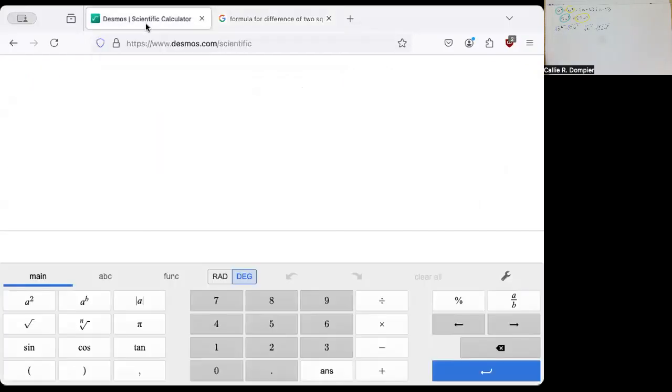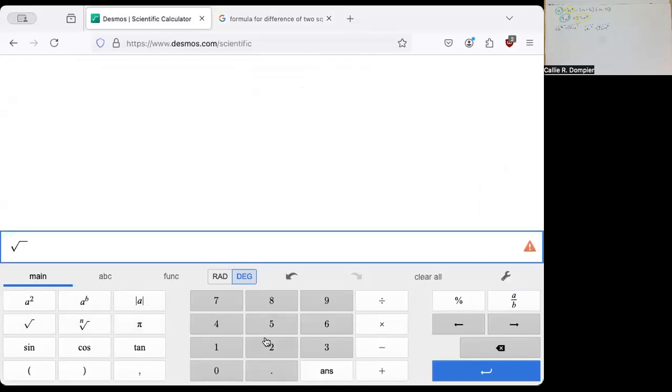I like Desmos. Okay, so the square root of 9 is 3, and then if I square that, it gives me 9, right? Because the square root of 9 was 3, and 3 squared is 9.